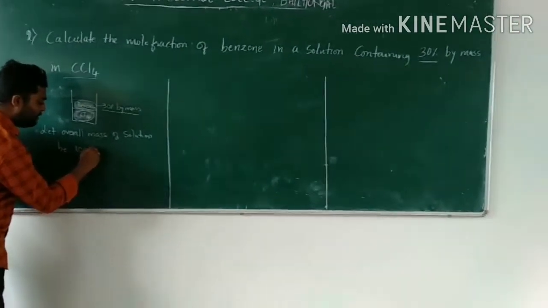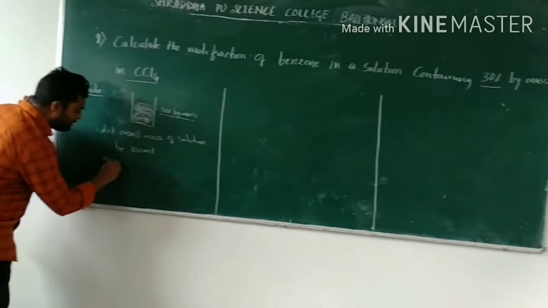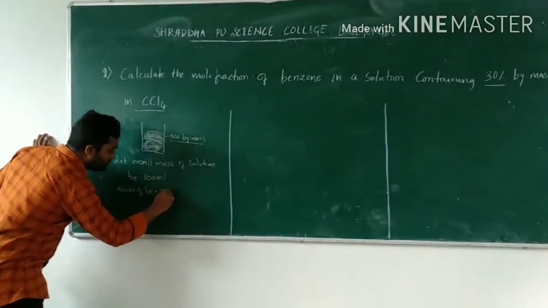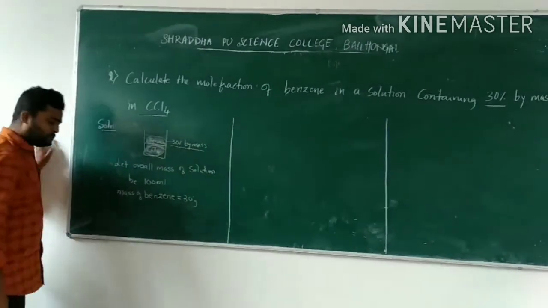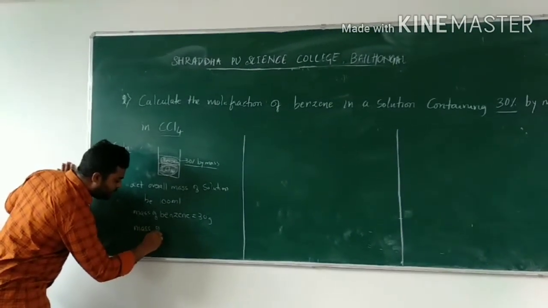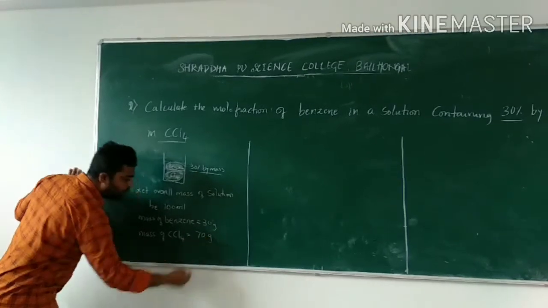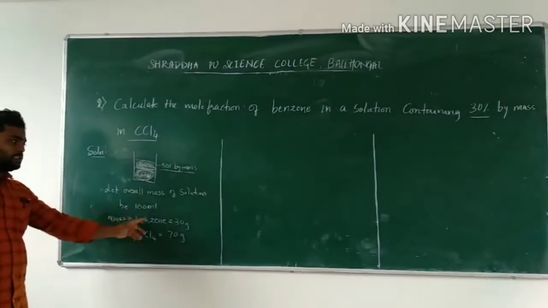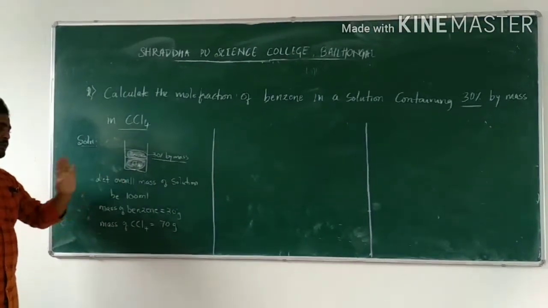So mass of benzene is 30%, in 100, that is 30 grams. Therefore mass of carbon tetrachloride will become 70 grams. So if you have understood the background of the problem, then you can easily solve it.